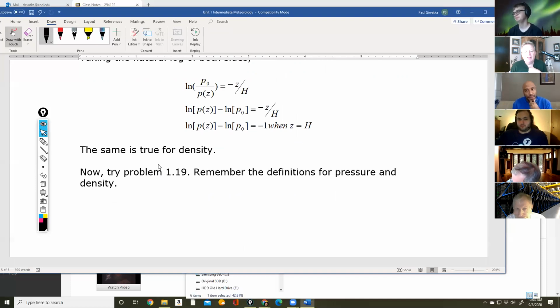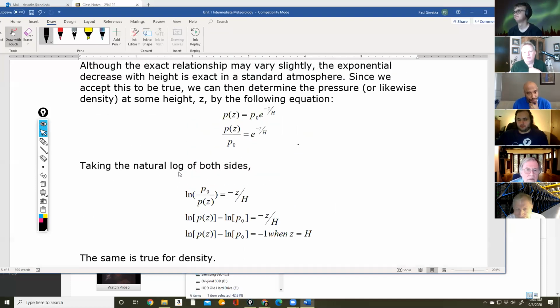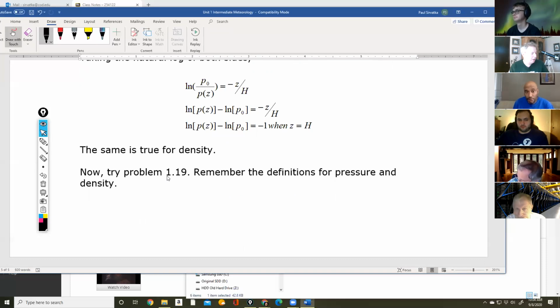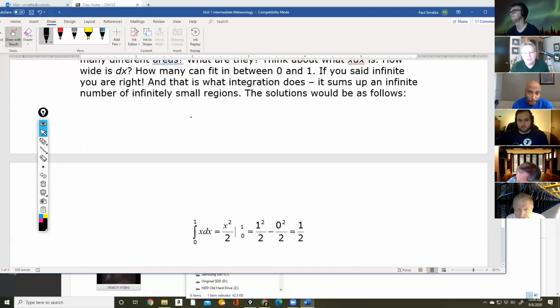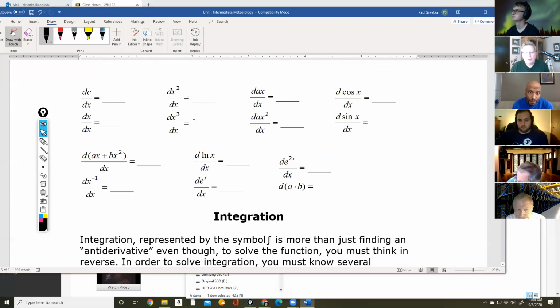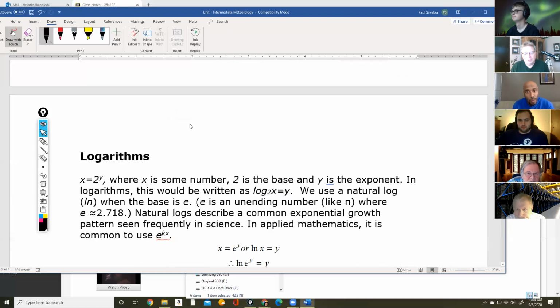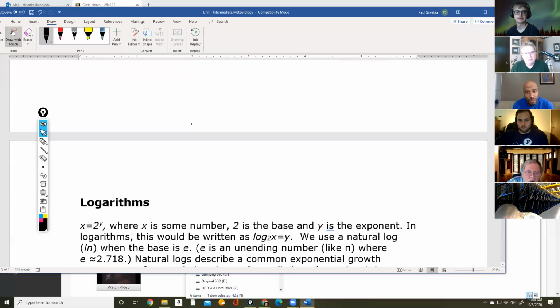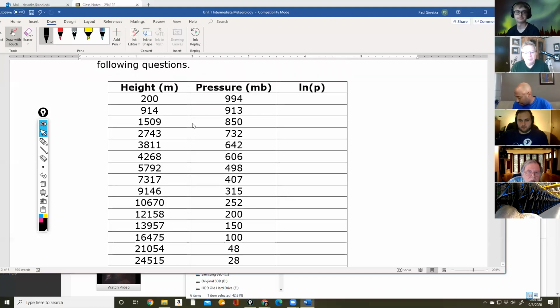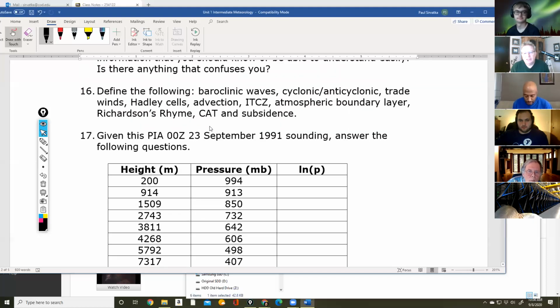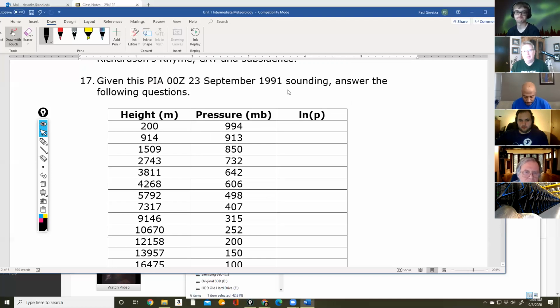So now these problems that I want you to do, did you do problem 1.119? Yes. Okay. So this is the sheet that I want you to turn in before class on Thursday. Because really, we should be able to do all of this stuff. This is an old sounding, just to give you an idea of how old I am and how long I've been teaching.